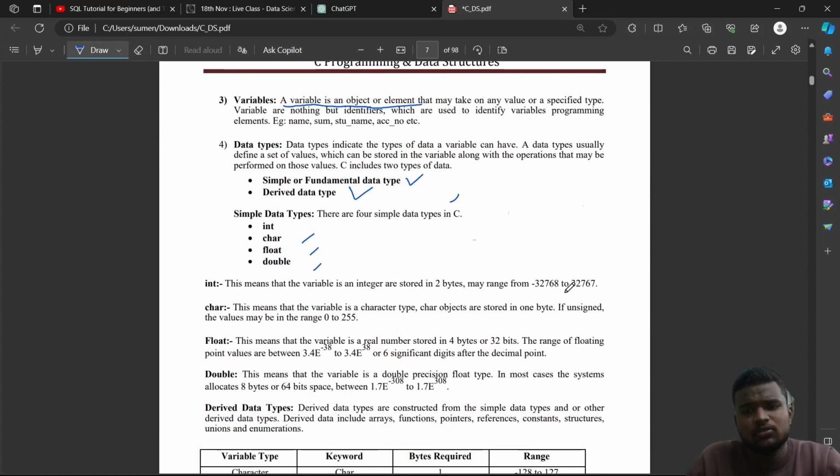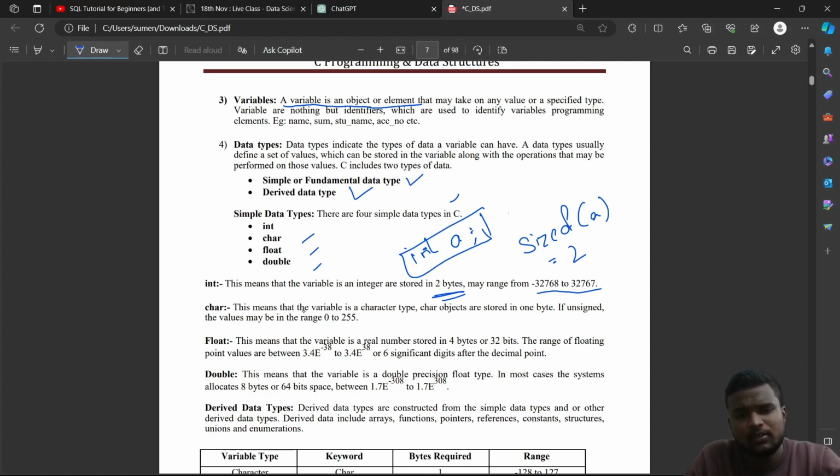When you give the variable an integer data type in a equals to something, it means that a can store values from a range between this much to this much. So the size of a is 2 bytes, right? If I give the operator sizeof a, and a is defined as an int, it will return 2. Okay, that's what it means.